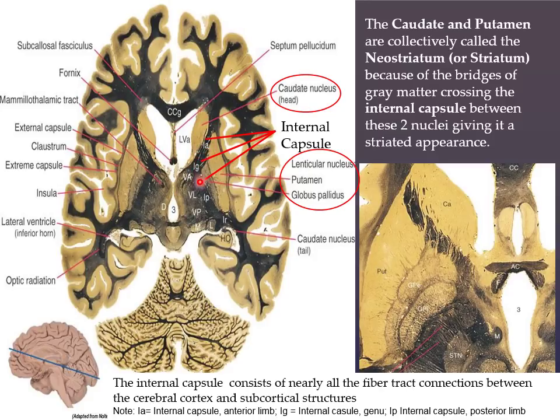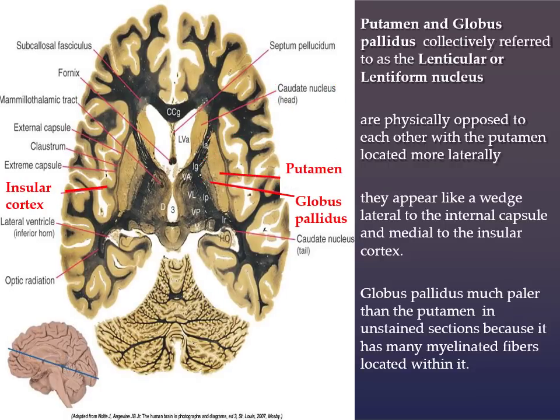The internal capsule contains important fibers between the cerebral cortex and deep structures, especially the thalamus, which is located right here. This is the thalamus. We notice that the putamen and globus pallidus are immediately adjacent to one another, and we see them right here.